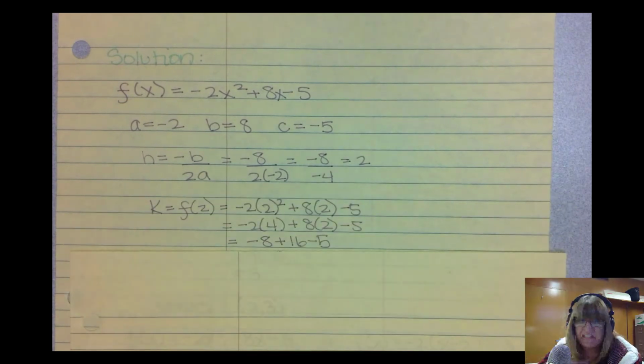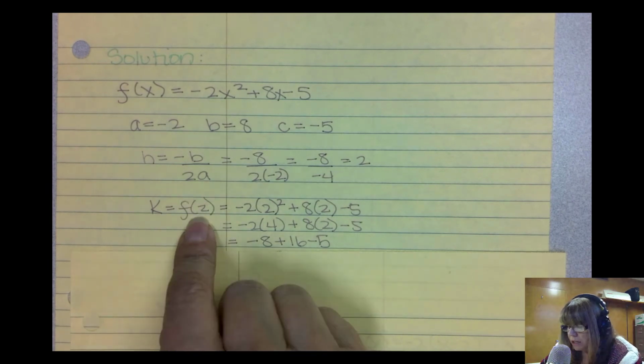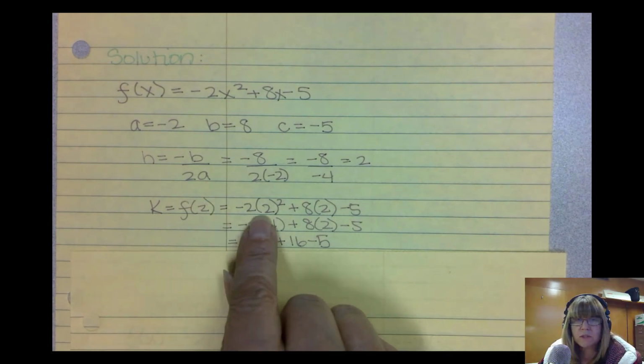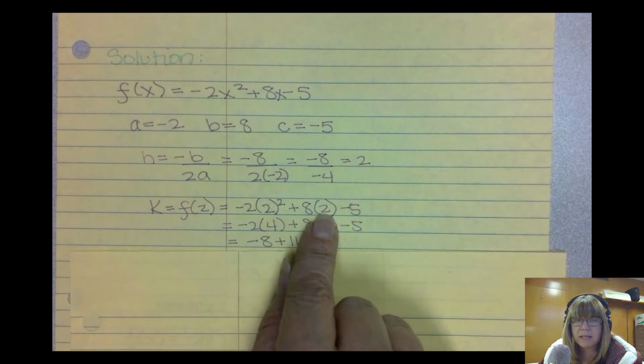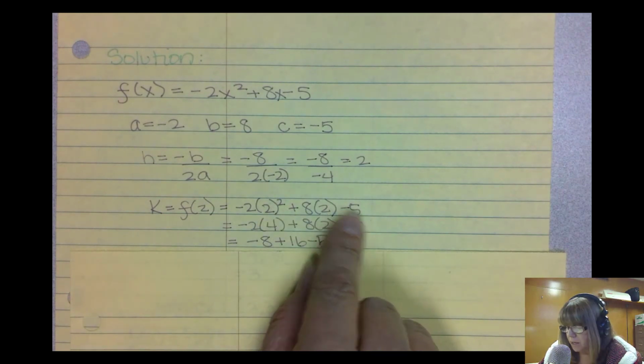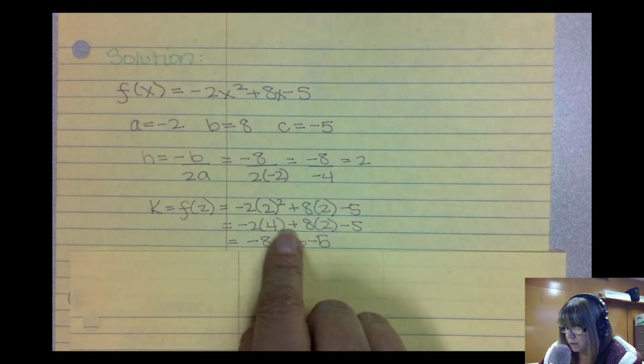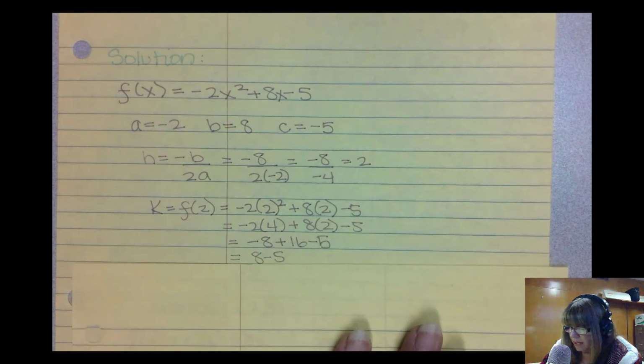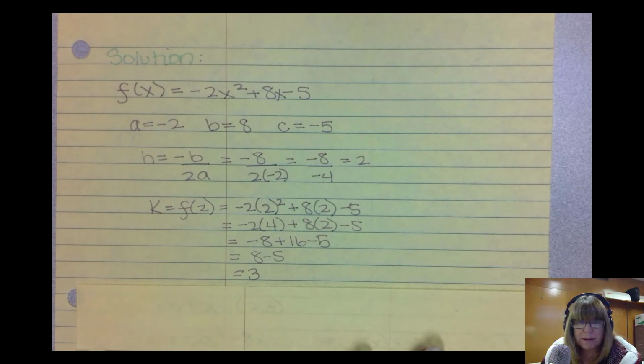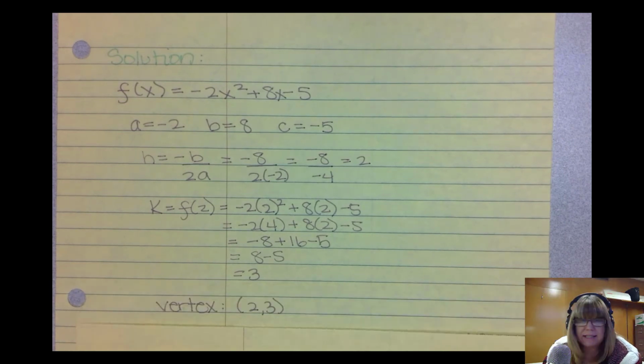That I feel is easier to remember versus the actual formula for k, but you can use it if you want. All right, throwing in a 2, we're going to get negative 2 times 2 squared plus 8 times 2 minus 5. That's going to be negative 2 times 4, negative 8 plus 16 minus 5, which is 3. So our vertex is at 2, 3.